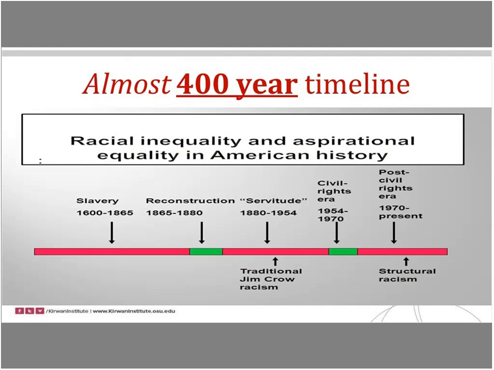This timeline gives you a breakdown of that history, from slavery into a very brief period of Reconstruction, moving into servitude, or what we know as the Jim Crow era, then the Civil Rights era, which began in 1954, earmarked by Brown versus Board of Education, and then moving into what we have now, the post-civil rights era, where we really start to talk about the structural racism concerns and issues that continue from historical policies.